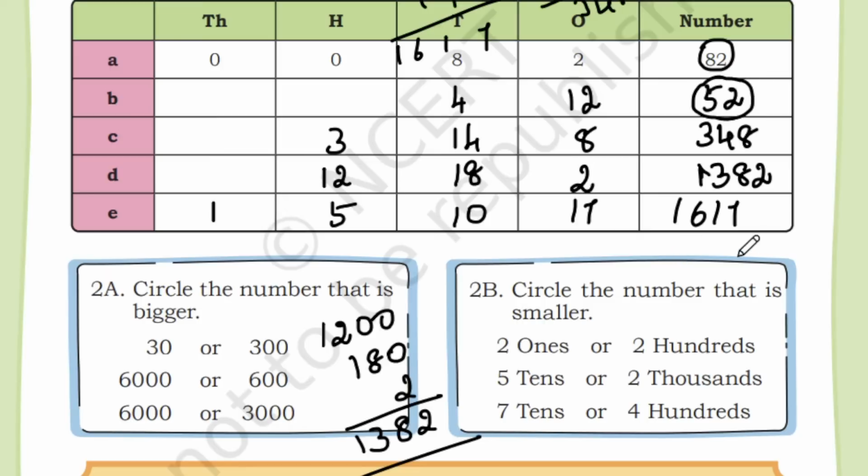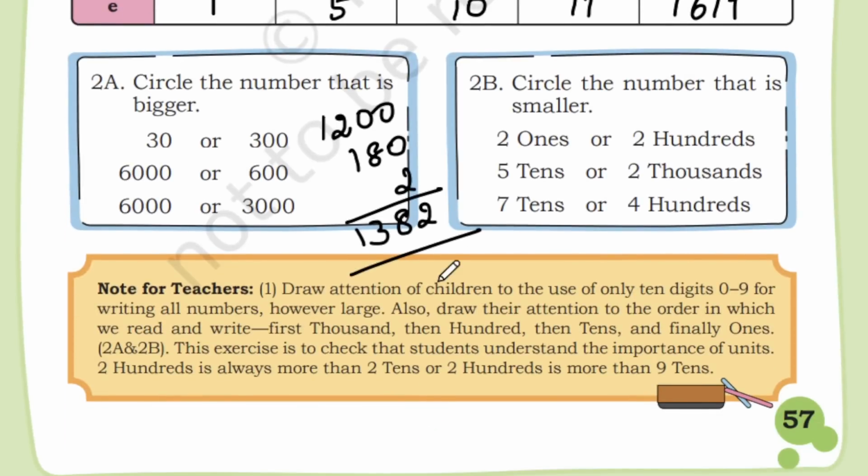Next, 6000. No, we do not have 6000. Next, circle the number that is smaller. These numbers are the bigger ones. Or else you can write any common numbers and try to circle those. For example, if you write 500, it is not greater than 600 and it is not less than 6000.